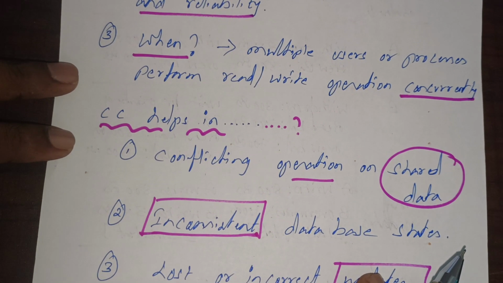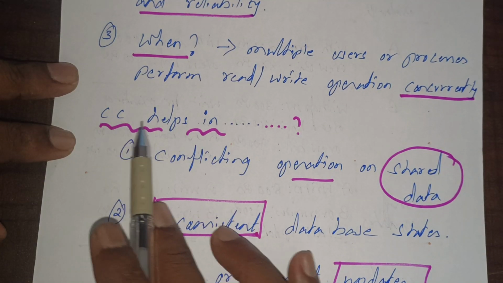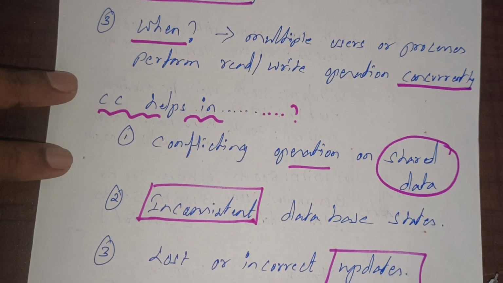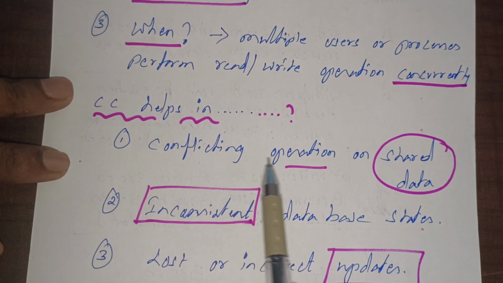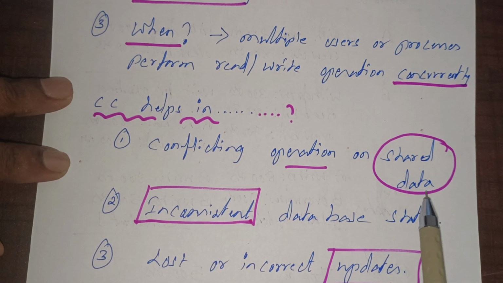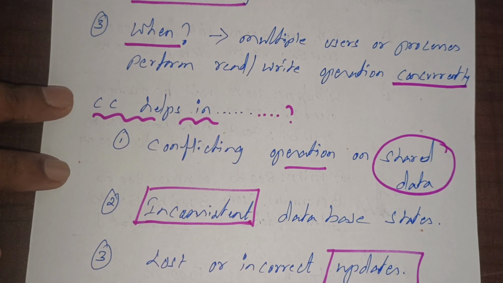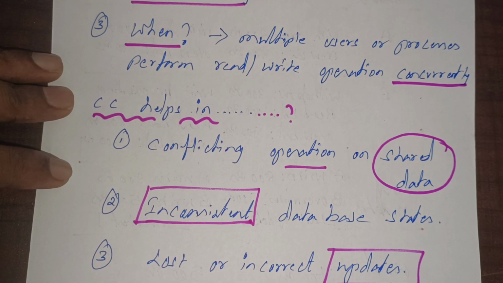So what does concurrency control help in? There is a big question mark, right? Basically, it helps with conflicting operations on shared data. What is the conflict in shared data? That is an update.